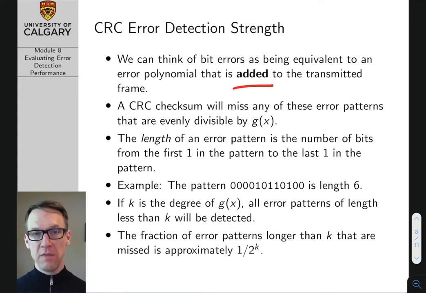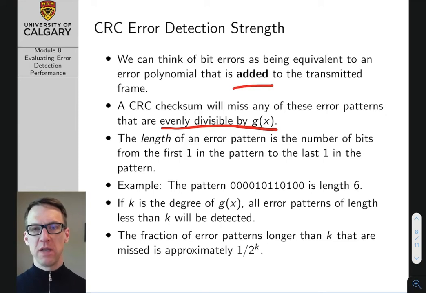And we saw in the examples that we did last module that basically a CRC checksum will miss any error patterns that are evenly divisible by the generator polynomial. And we need to then just try to figure out or approximate the number of error patterns that we can expect that will be evenly divisible by our generator.